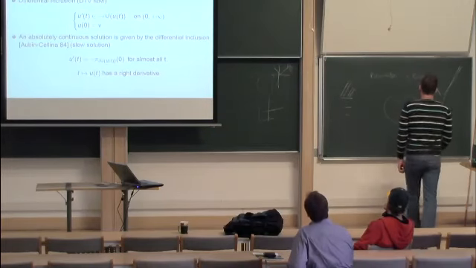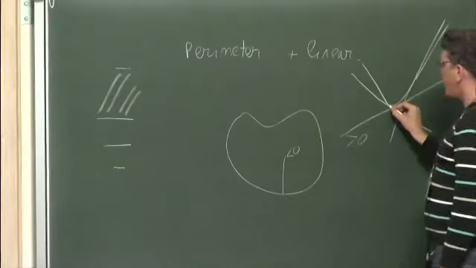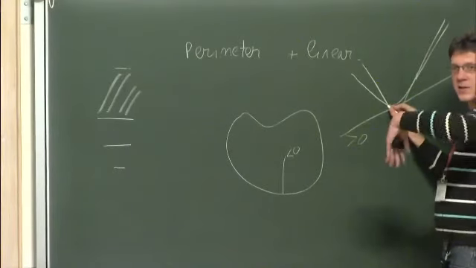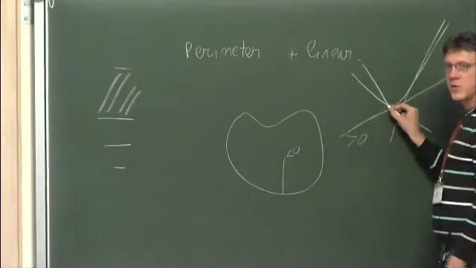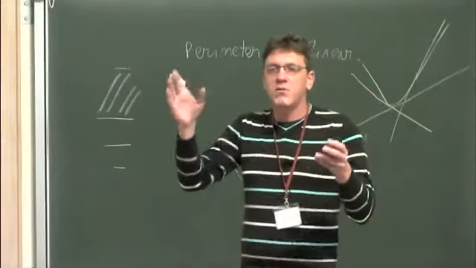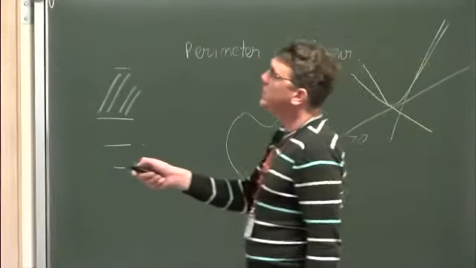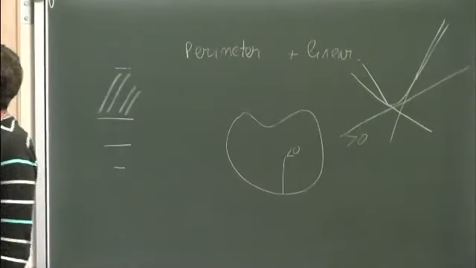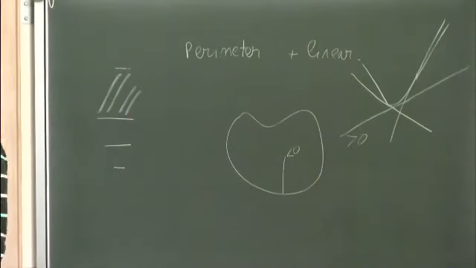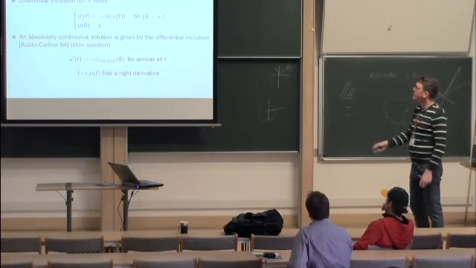If it's not differentiable, for instance here, then you want to look at all the lines that go through x and that stay below the function. So essentially, it's all the possible derivatives that you could define at this point. So this is what we call a subdifferential. And if you give me a particular element, I call that a subgradient. So okay, you put sub in front of everything.